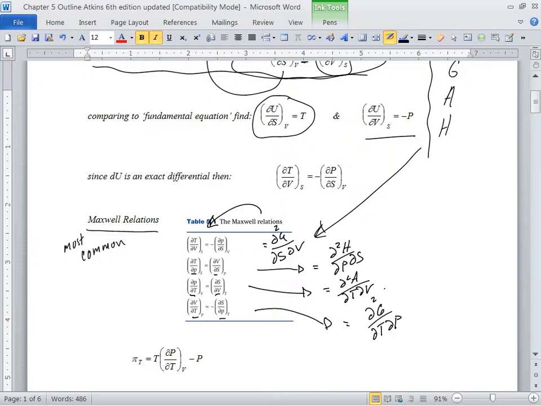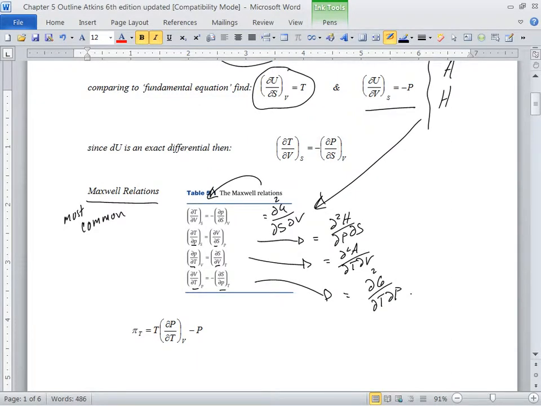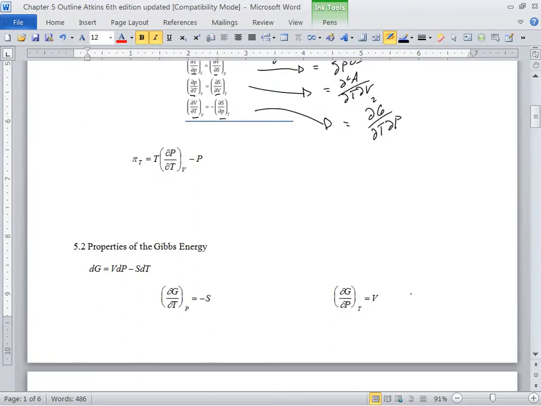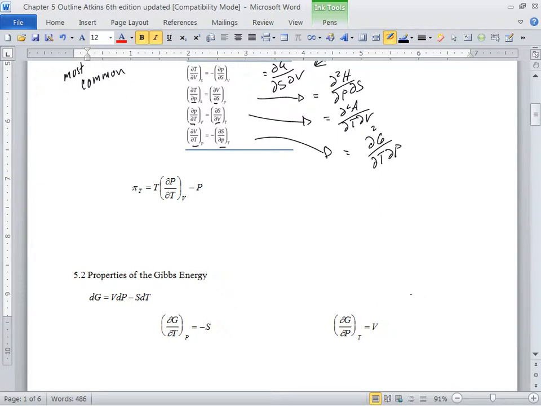But there are some fundamental ideas that I think will be helpful, and that's really with the Gibbs energy. Oh, here, I don't know what I have this here for. I just threw it in. Maybe it's in the homework. Do you remember what pi T was? Internal pressure.